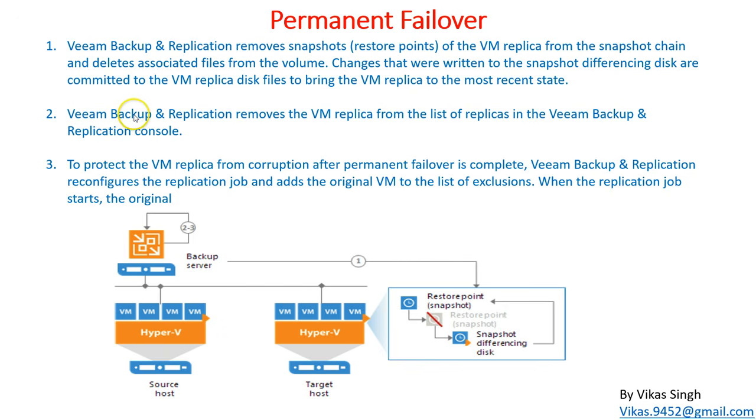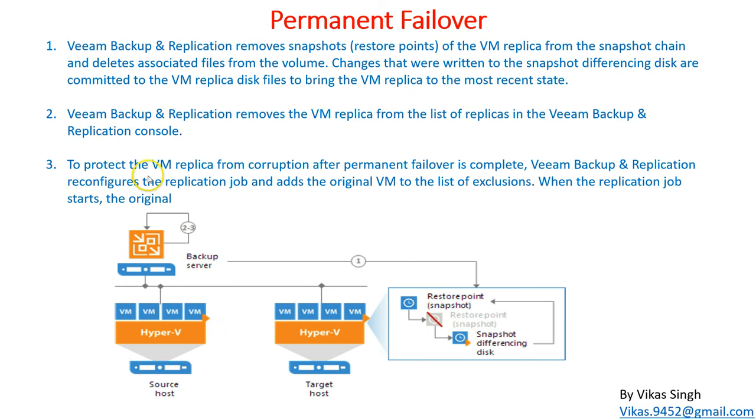And then Veeam Backup and Replication removes the VM replica from the list of replicas in the Veeam Backup console. So it's going to remove this virtual machine, which we are doing the permanent failover for, from any VM replica jobs in the console of Veeam Backup and Replication.